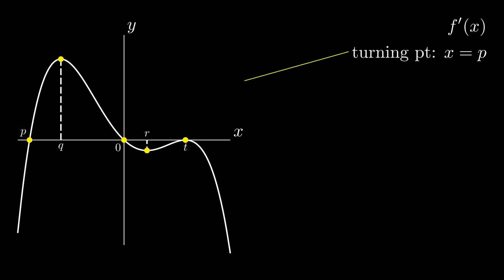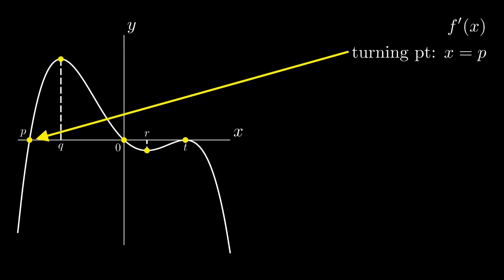So a couple of things. Let's just point out here. Turning points. What does the turning point mean? A turning point is when the first derivative equals 0, and the direction of the function is changing. So turning point, as far as looking at the derivative, is like point P here. So the derivative is 0.